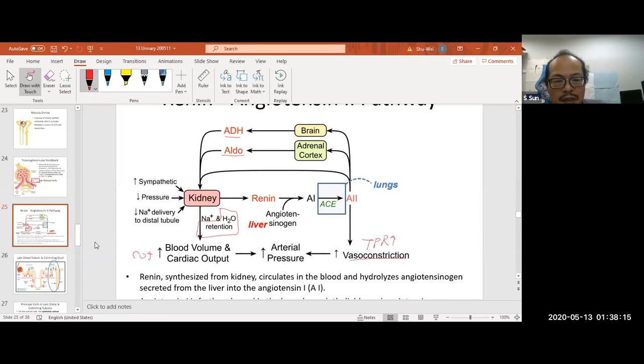We learned that BP equals CO times TPR. So in the end, we have CO increase and TPR increase, so we have BP increase.